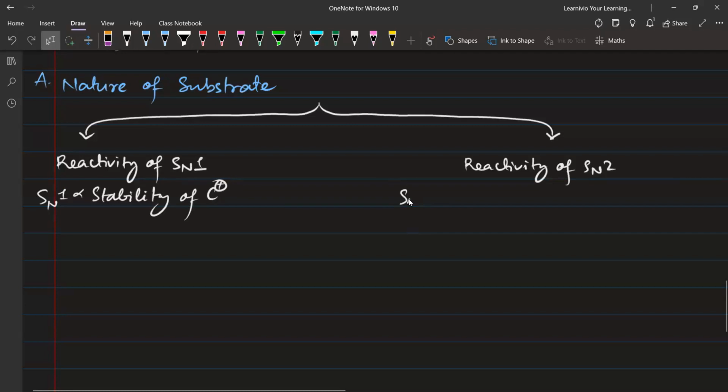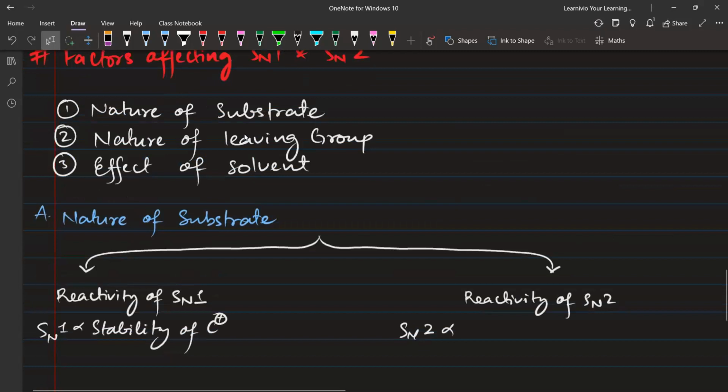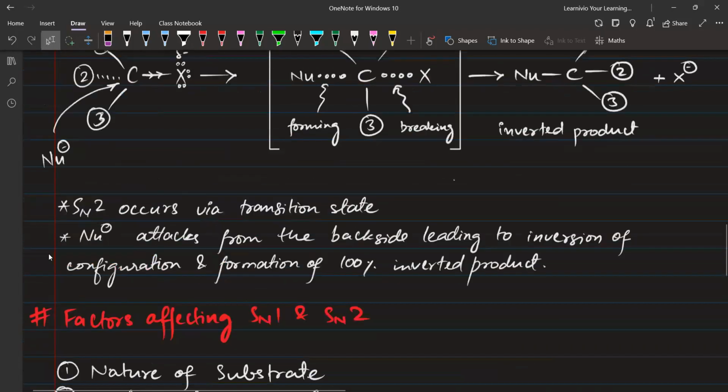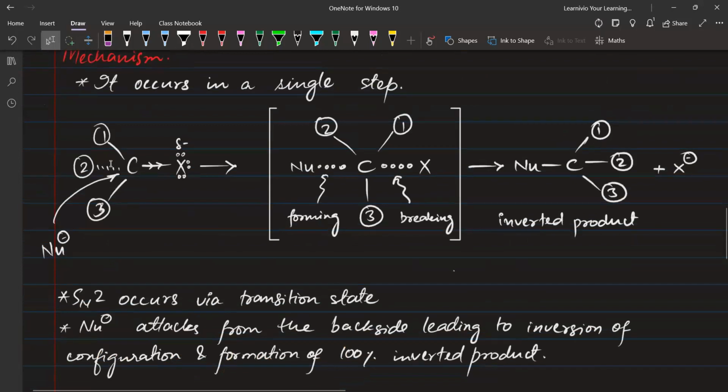Now SN2 ये किस पे डिपेंड करेगा? It is going to depend on the steric crowding. This is the alpha carbon. If this alpha carbon has small groups, nucleophile can easily attack. But if this alpha carbon has large group, it will be difficult for the nucleophile to come and attack.